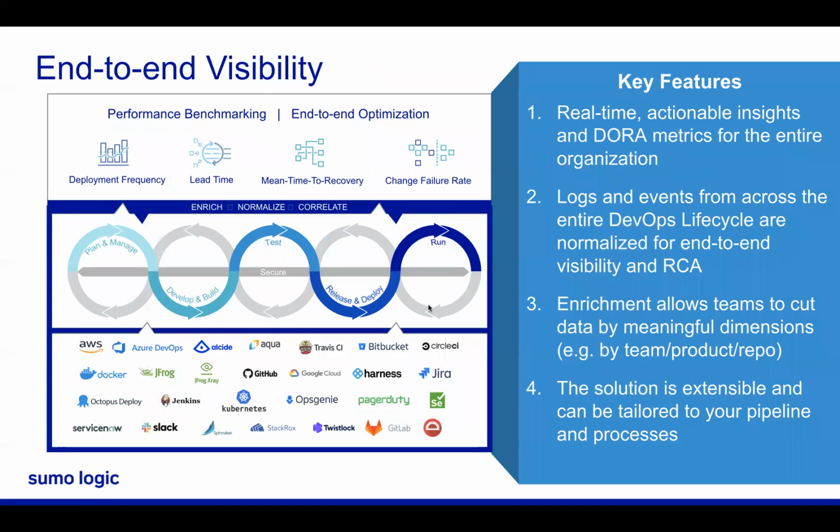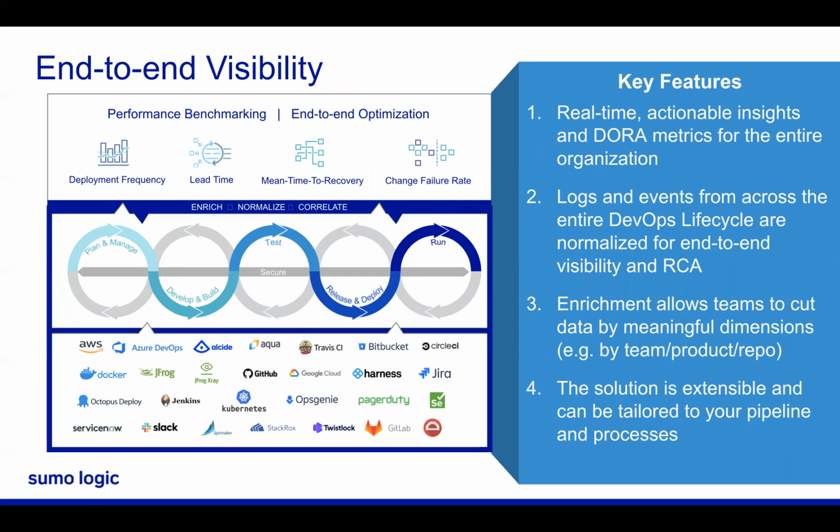Now, if some of you are not aware, there is something called the DORA metrics. DORA is the DevOps Research and Assessment organization, which works on key performance metrics in terms of how to make things better.